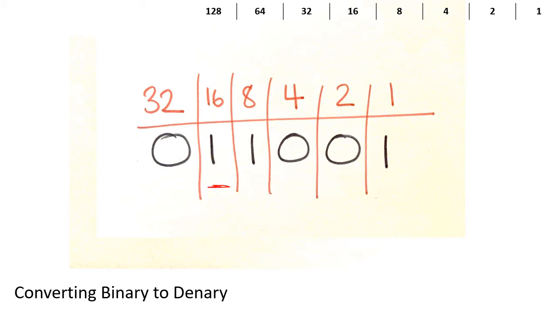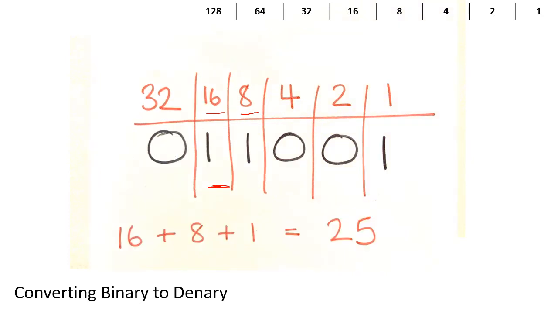Now that is worth 16, and we have a 1 under the 8, and that 1 is worth 8. So we have one lot of 16, add 8, add one lot of 1 equals 25. So 011001 as a binary number is equal to 25.